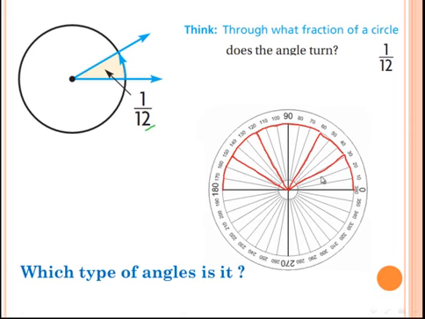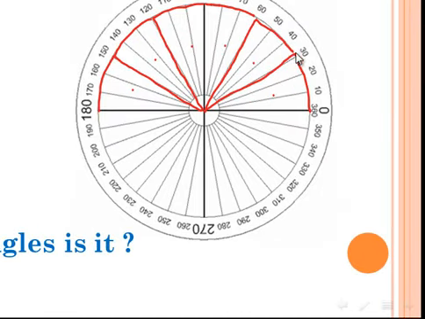Now I have 1, 2, 3, 4, 5, 6 up. And if you complete down, you will get 6 also. So 6 plus 6, 12 equal parts. And if you want to know how many degrees are inside 1/12, let's see. Here, this is the first part of 1/12.